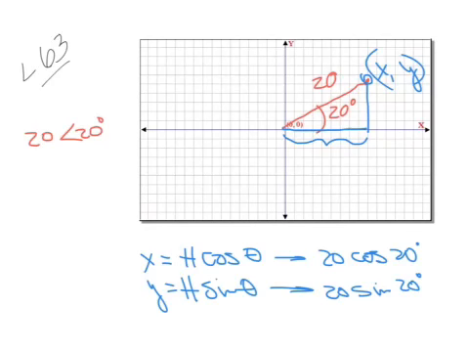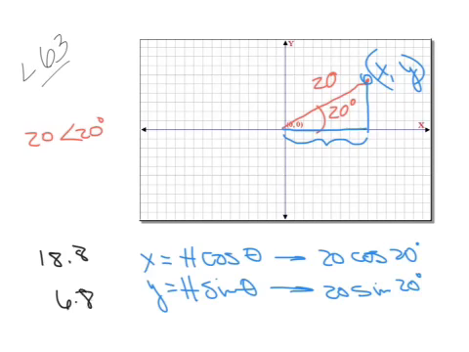So that would give us that point up there that we're looking for, this point right here. When we do the math, 20 cosine of 20 ends up being 18.8, and 20 sine of 20 is 6.8.